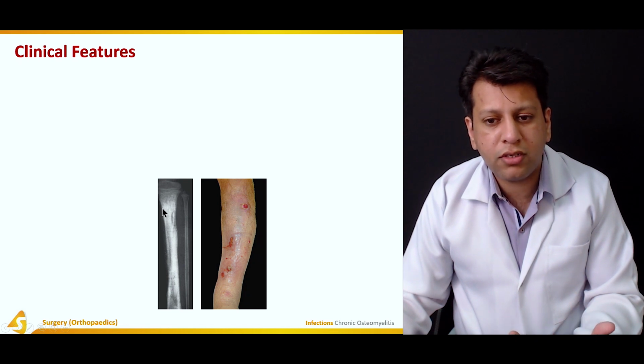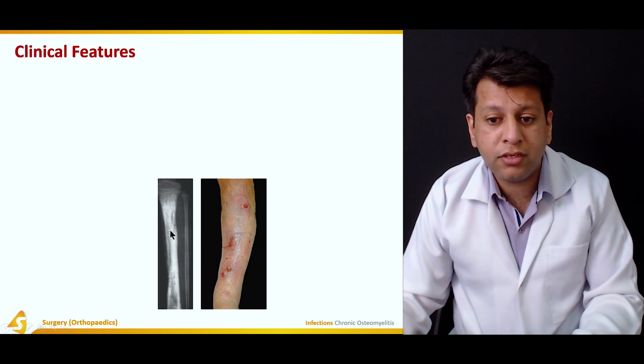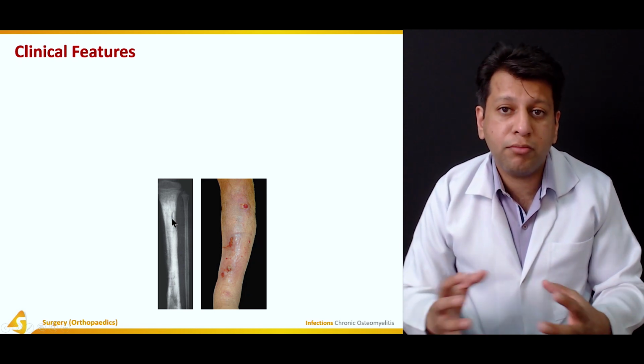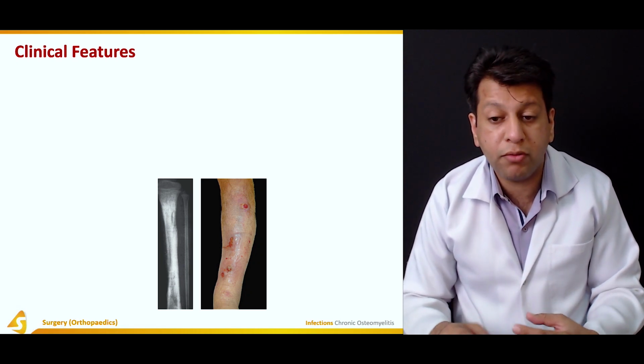And on this other side, the bone is also not looking good. As you can see, there are lucencies going through and through the whole of the diaphysis, which means almost this whole area is involved. There is some degree of chronic osteomyelitis present in almost the whole of the bone over here.